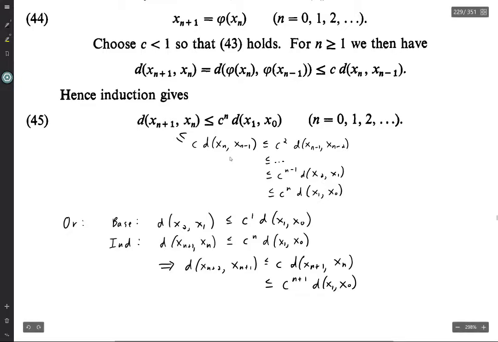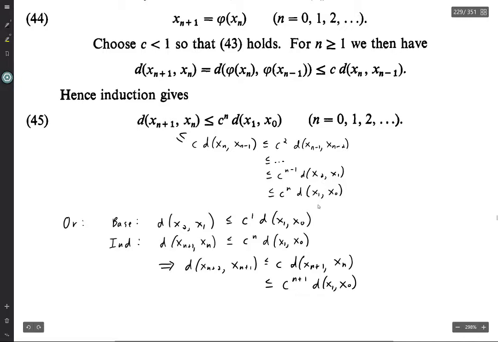And so you'll get n minus 1 additional factors of c out front. And here we already have a factor of c. So we add that one factor of c to the additional n minus 1 factors of c, and that's how we get n factors of c. So that's one way of seeing it.